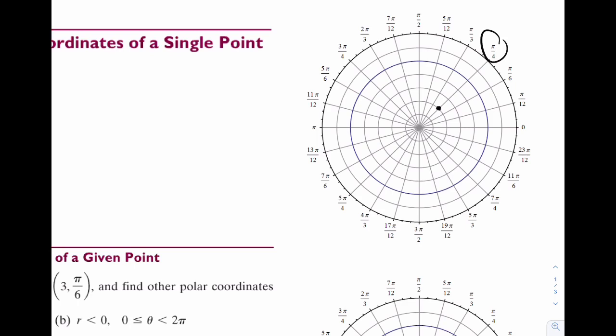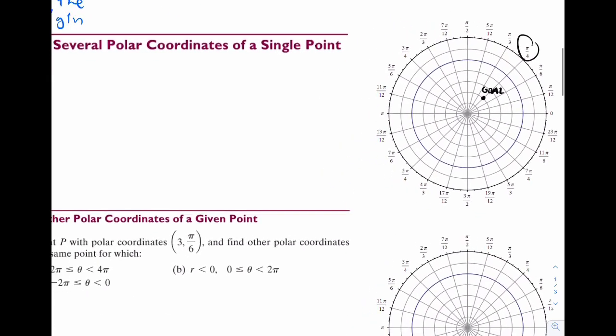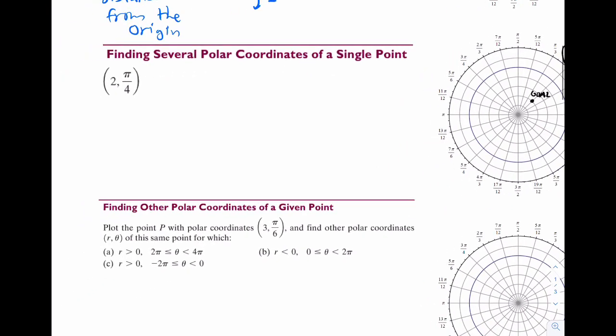So think of this point as like our goal. We want to find other representations of this. So for example, what if I did 2 and 9 pi over 4? Because 9 pi over 4 would mean you just add 2 pi, right? Just rotate another time. That'd be the same point.